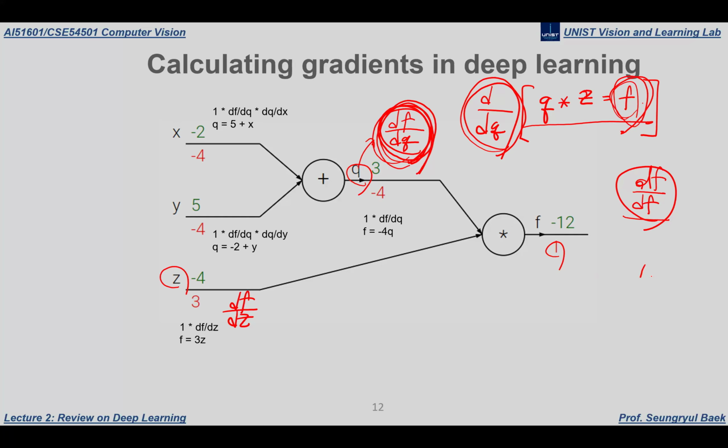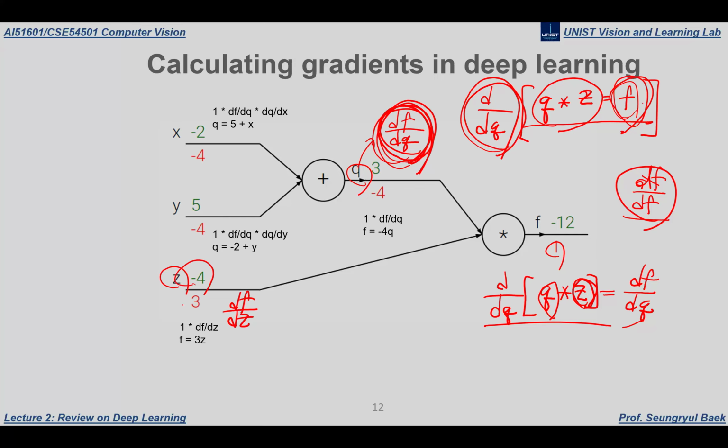The right side will become df/dq, and then I apply d/dq to this. q is the variable, but you have to notice that z is constant from the q side.